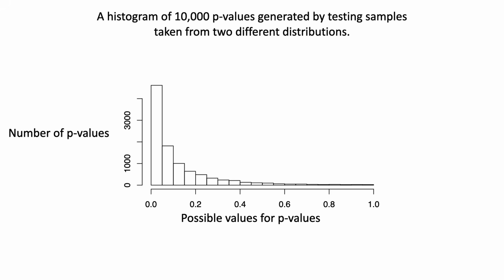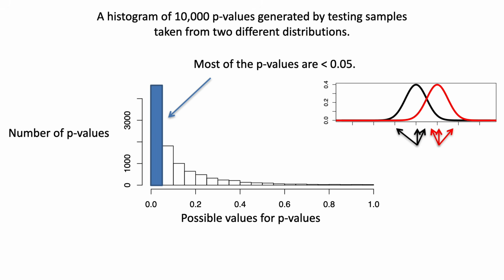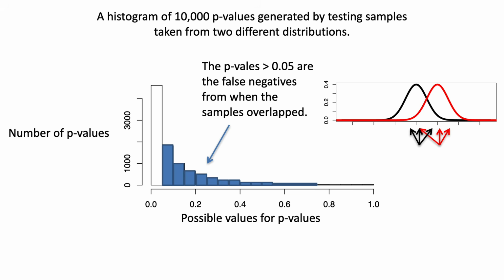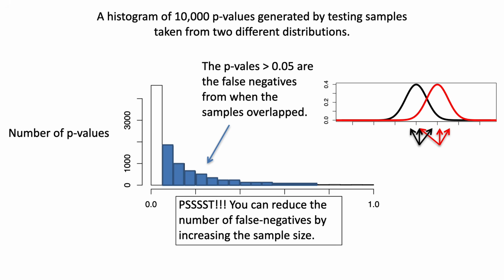Here, I've drawn a histogram of the 10,000 p-values generated by testing samples taken from 2 different distributions. Most of the p-values are less than 0.05. This is what we'd expect. The p-values greater than 0.05 are false negatives from where the samples overlapped. Psst!